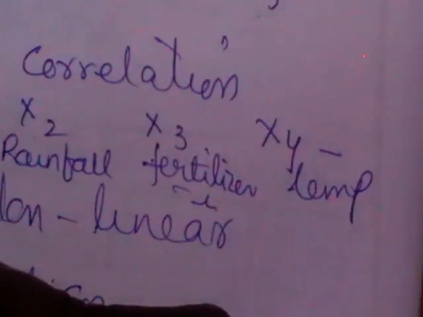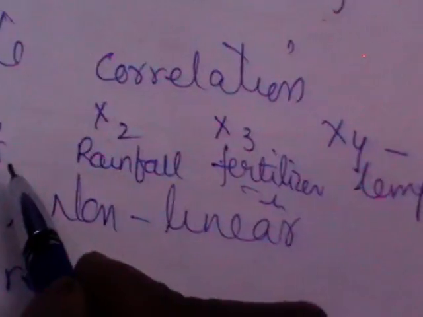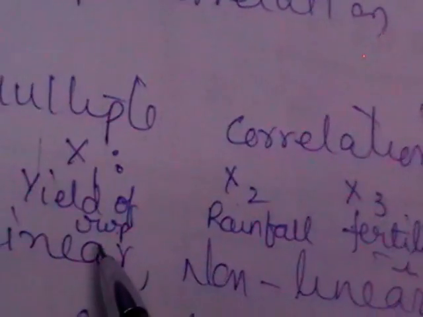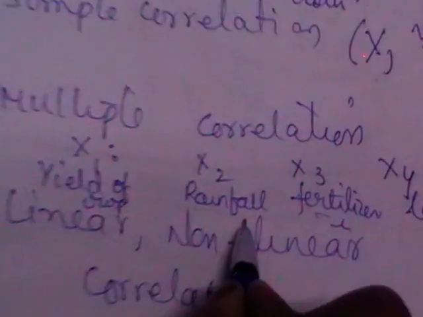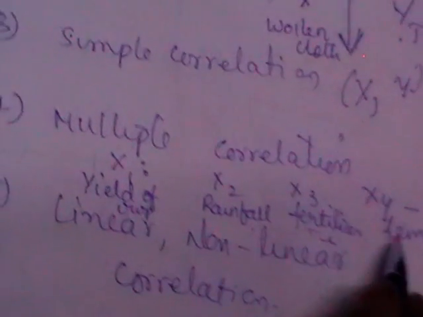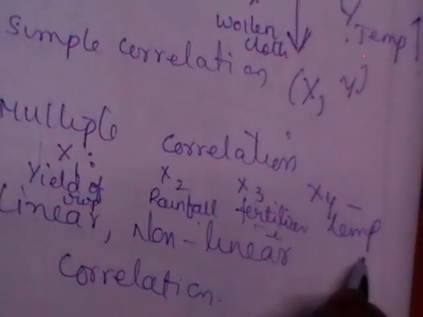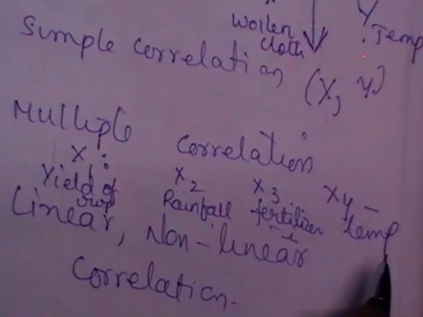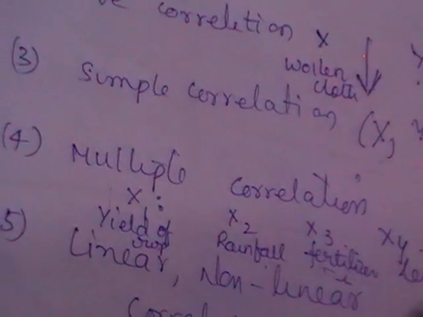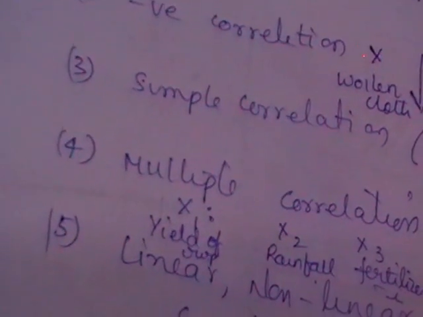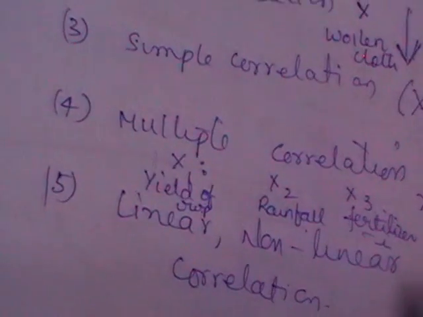We have only two variables there, so we can consider that an example of simple correlation. Under multiple correlation, the yield of a crop not only depends upon rainfall, it also depends upon other factors like fertilizer, temperature, fertility of the soil and many more, seeds that we use. Whenever we find the correlation between more than two variables, we call such correlation multiple correlation. This is the example you can consider.